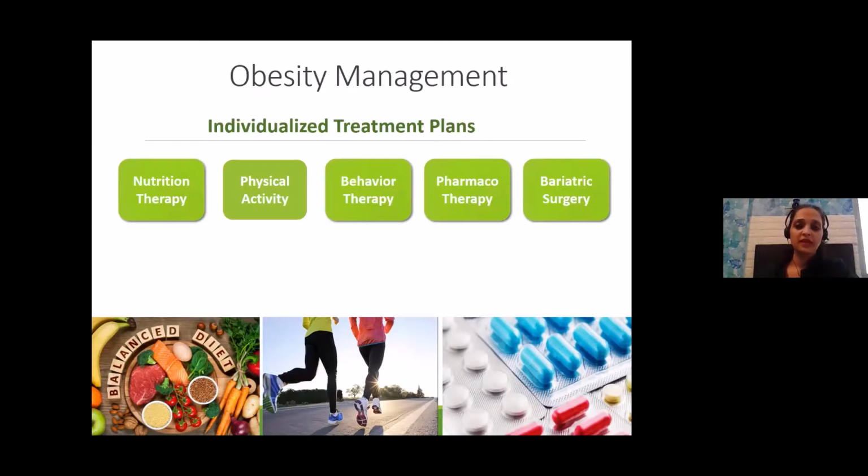So behavior therapy and the role of the psychologist here is definitely pronounced. Pharmacotherapy, the role of medications and placing them at the right time. And of course, bariatric surgery is one of the prime areas where people are also resorting to and would like to work on obesity. Use of pharmacotherapy as a part of a comprehensive program should be practiced.